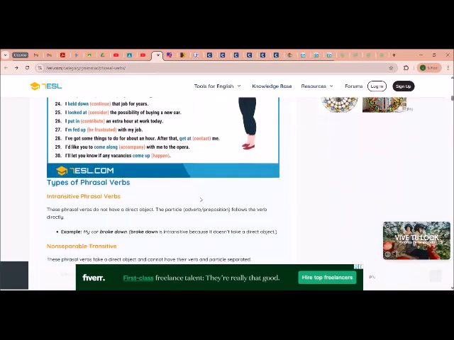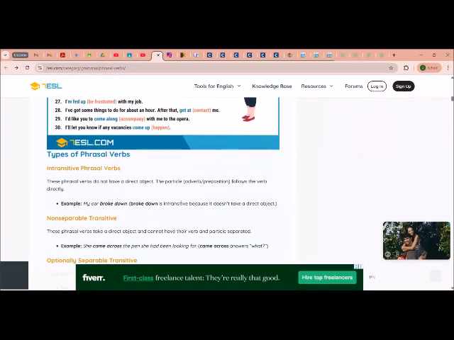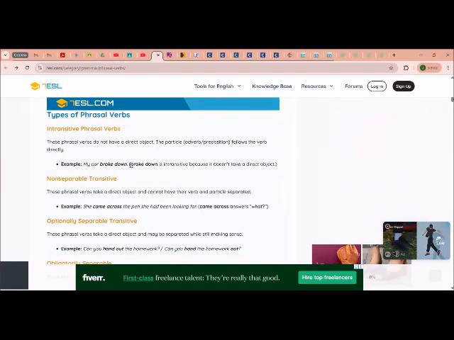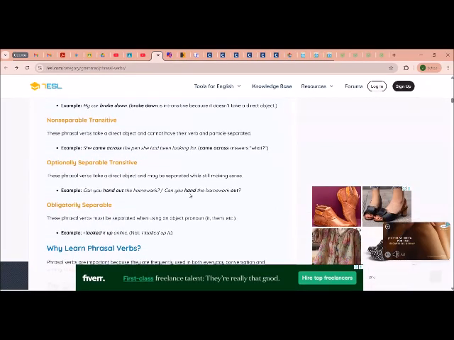Now, some of our prepositions will have to stay right next to the verb, while others, you can split the verb with another word, like another noun phrase, and then the preposition. When we talk about the transitive and the intransitive, those usually go right together, like break down, come across. There are others that you can separate.